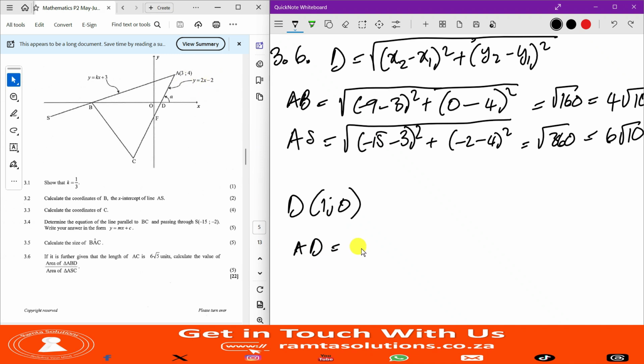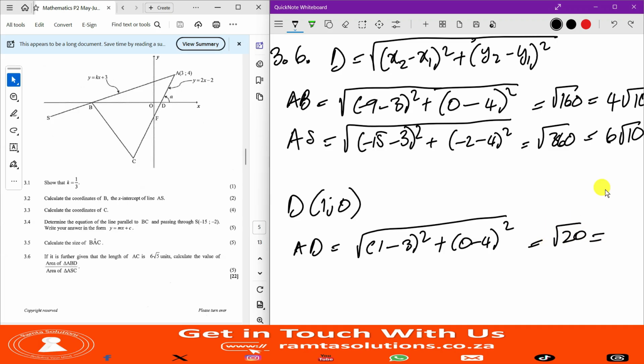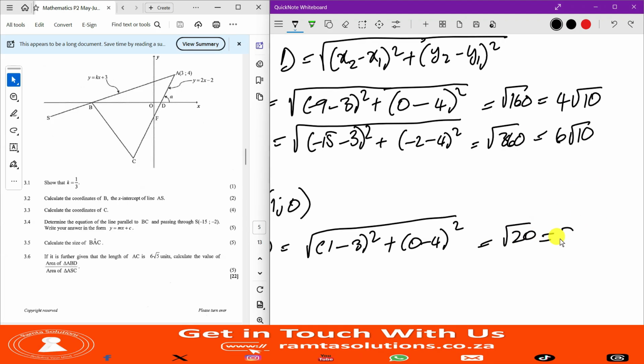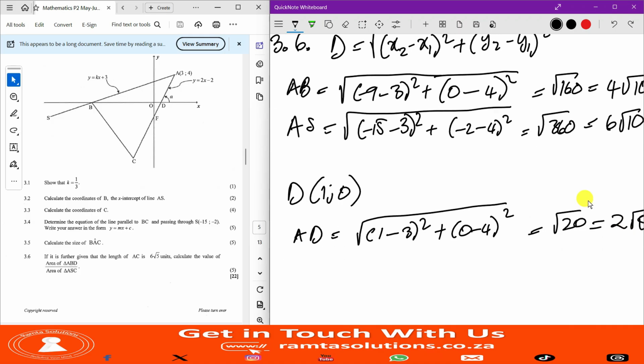So AD will be the square root of (1 minus 3) squared plus (0 minus 4) squared. What is this? 4 plus 16 is square root 20, which is 2 root 5.